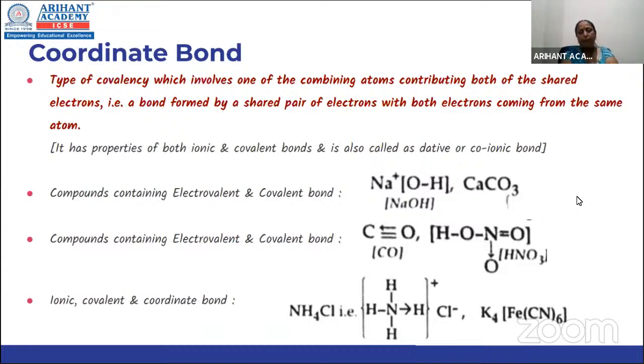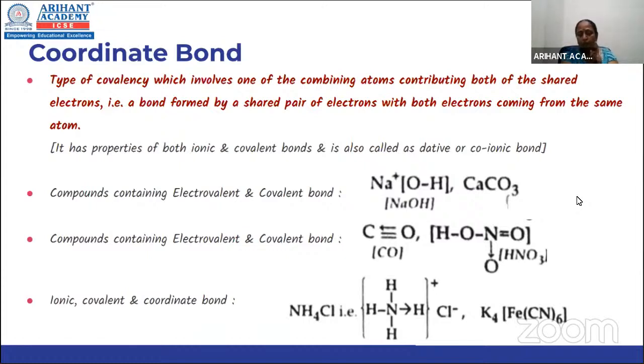Like for example, NaOH. Na plus is a metal, OH is a radical, OH minus. It's a group of atoms. But between O and H, it's a non-metal combination, so there is a covalent bond between O and H. But OH is minus as a radical. So we have 2 kinds of bond. Between O and H, we have a covalent bond.